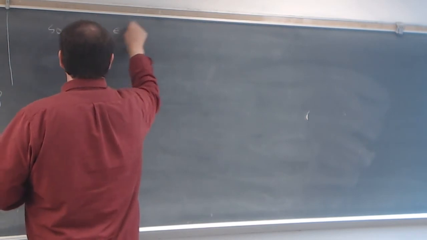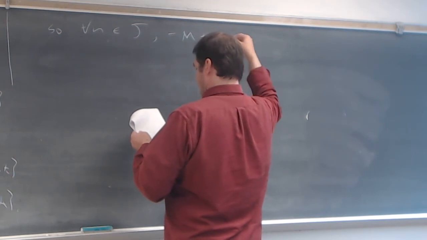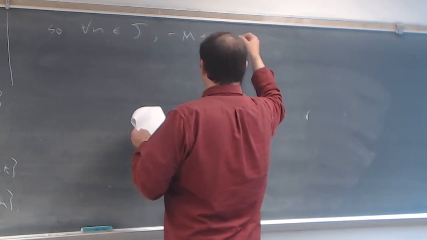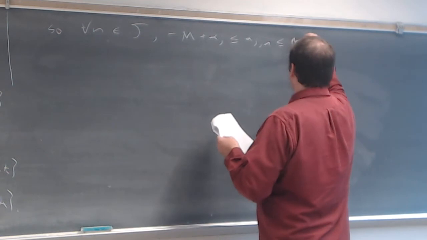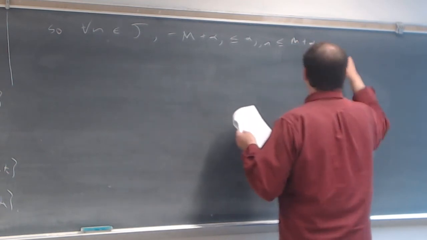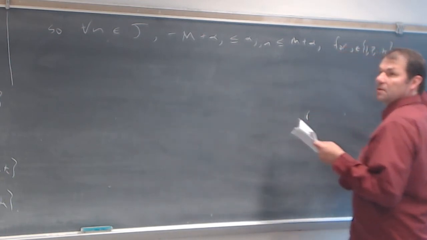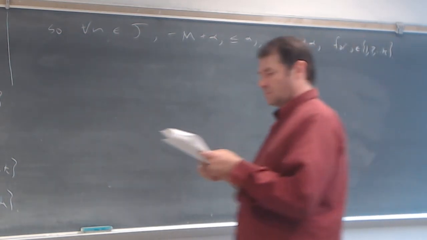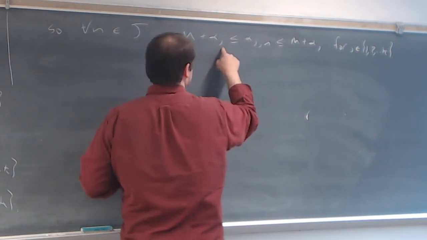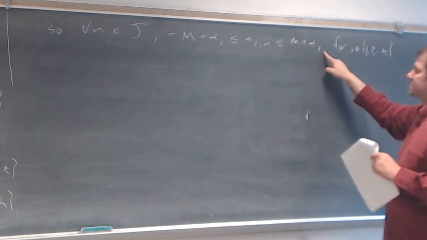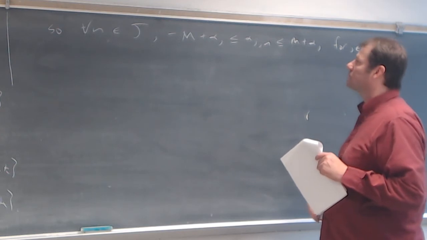So, for all n that are natural numbers, we have minus M plus alpha sub j is less than or equal to alpha sub j,n, which is less than or equal to M plus alpha sub j, for j from 1 up to k. And this restriction, from minus M plus alpha sub j up to positive M plus alpha sub j for each j, forms a k-cell.